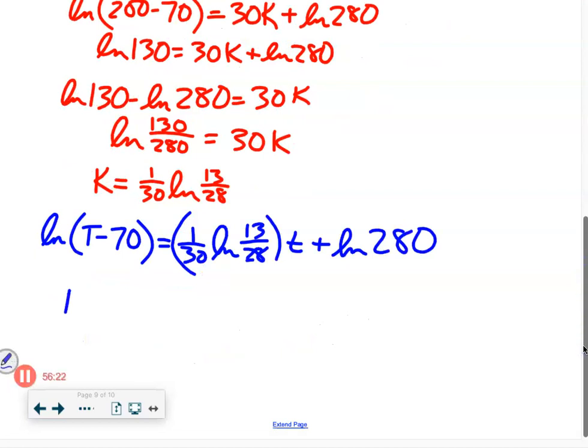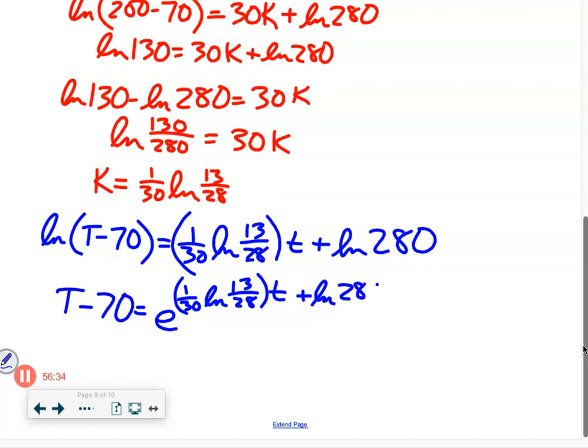So we're going to exponentiate both sides. Honestly, the only thing I personally would do to clean this up would be to have this be e to this times e to this, and put it as 280 e to the 1/30 ln of 13/28 t.